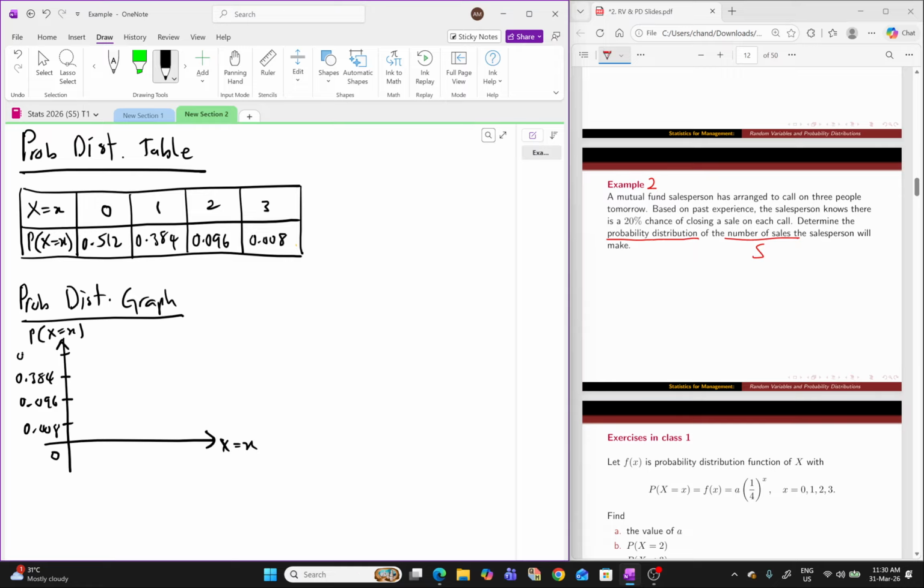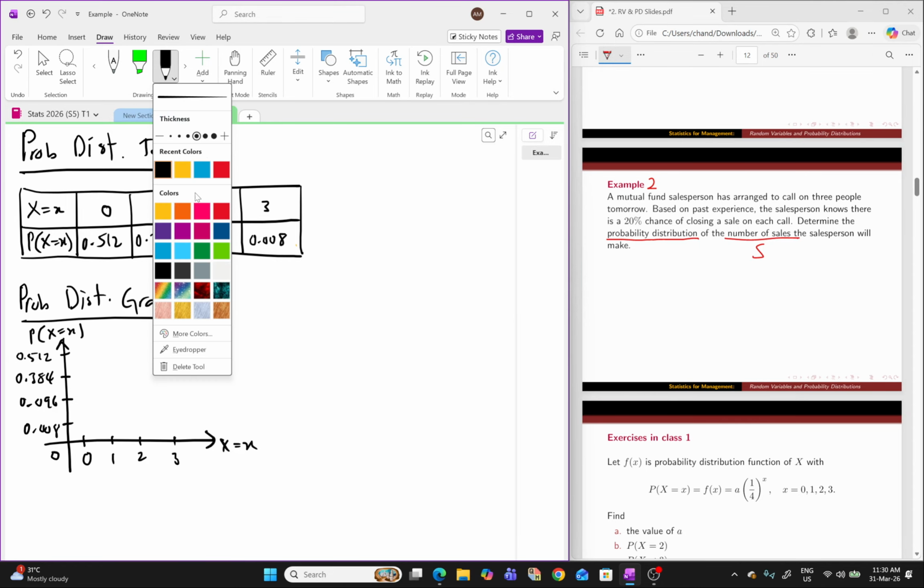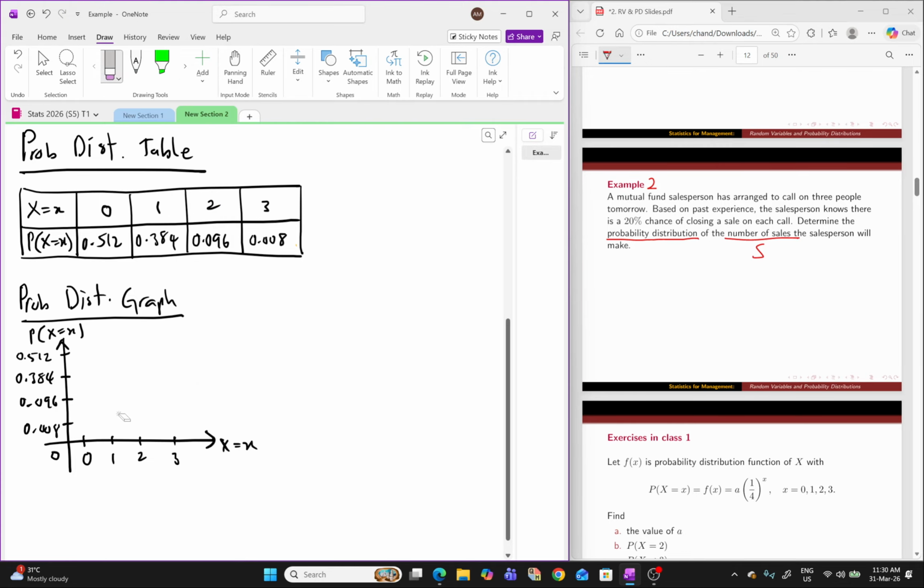The first number is 0, 1, 2, 3. 0 is here, 1 is here, 2 is.